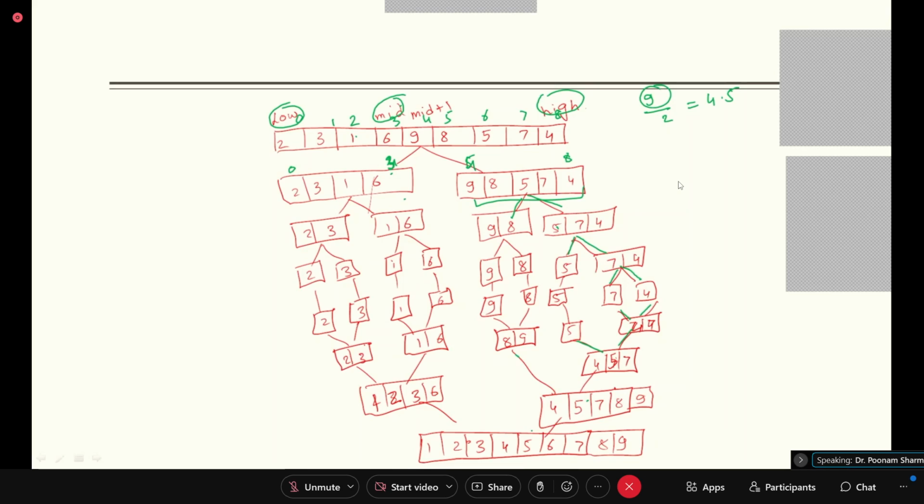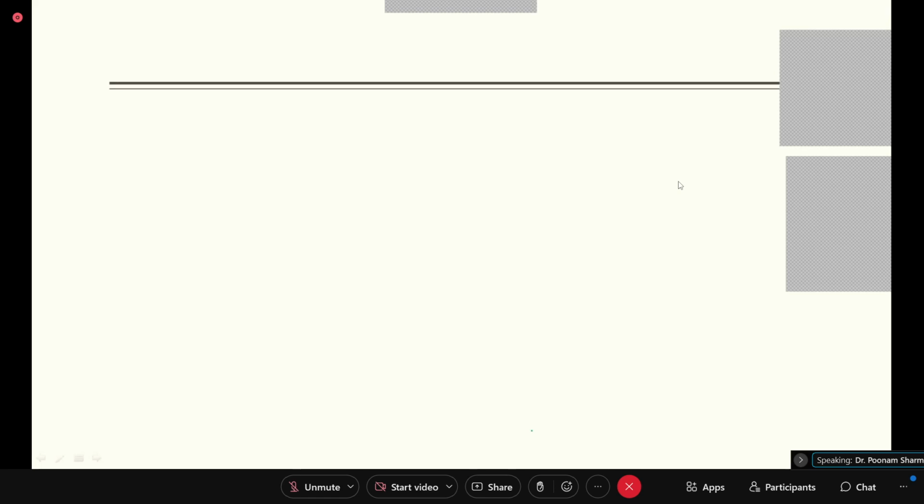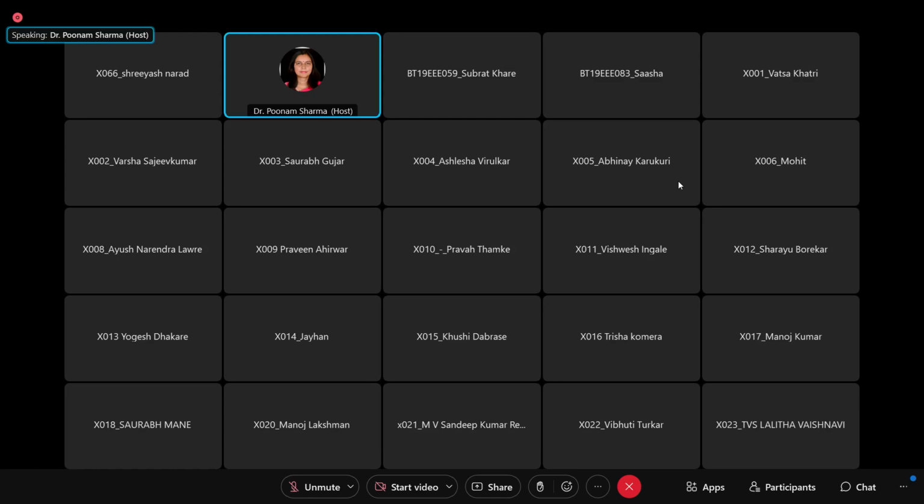So here in this sorting algorithm, as you can see, it is basically distributing the values as individual numbers, and then based on the individual values it is merging them together, right? So this way merge sort is working.